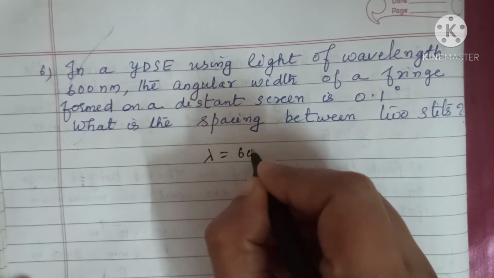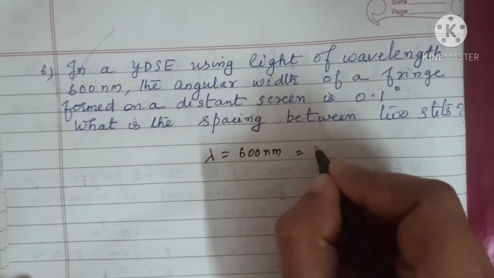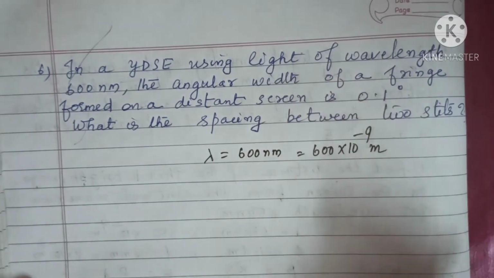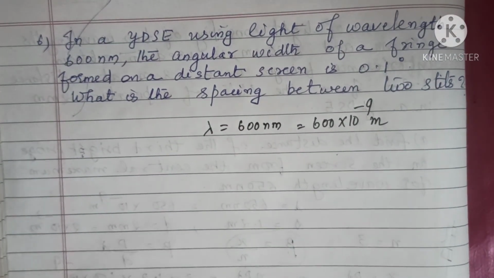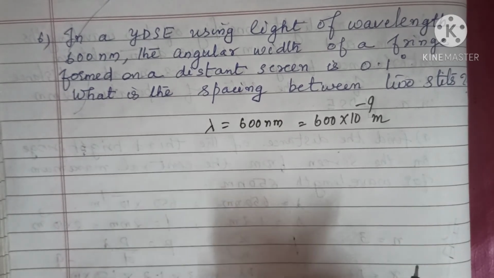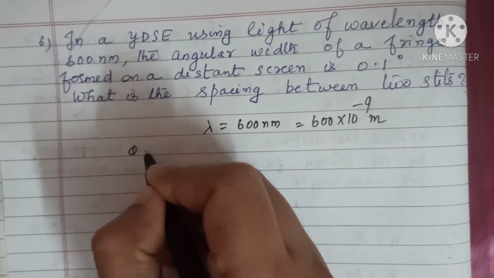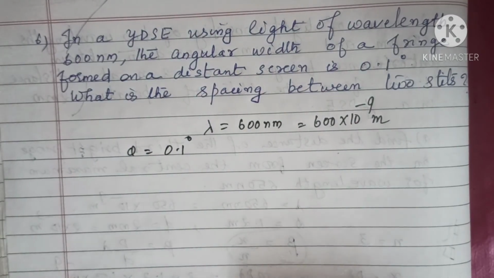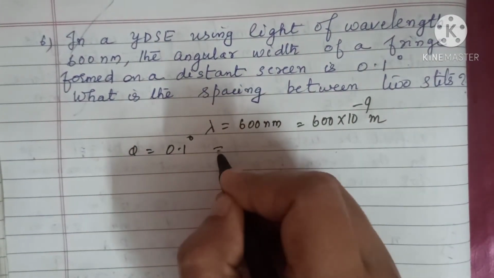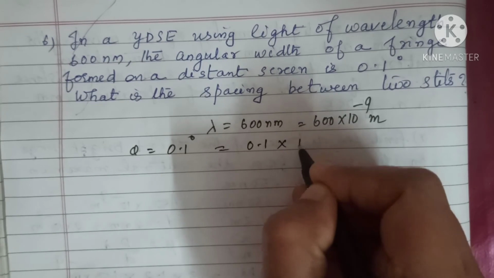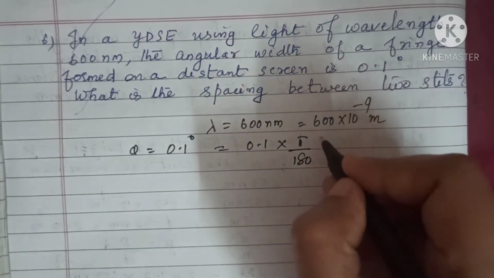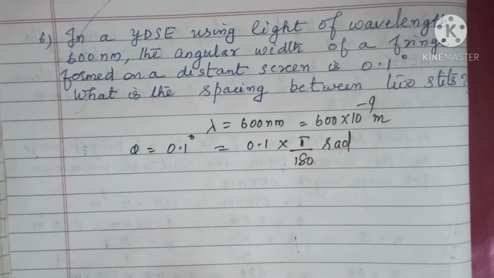So lambda is 600 nanometers, that is 600 into 10 raised to minus 9 meters. Now the angular width theta is given, but it is in degrees. 0.1 degree is given. You have to convert it into radians. You can convert it by multiplying with pi by 180, and you will get it in radians.